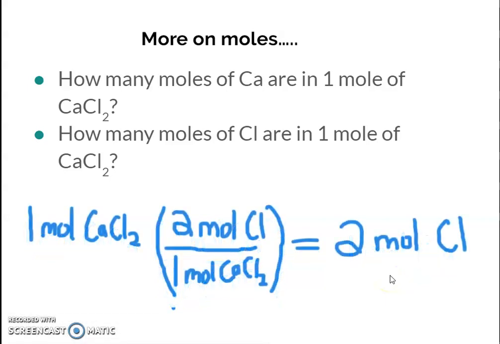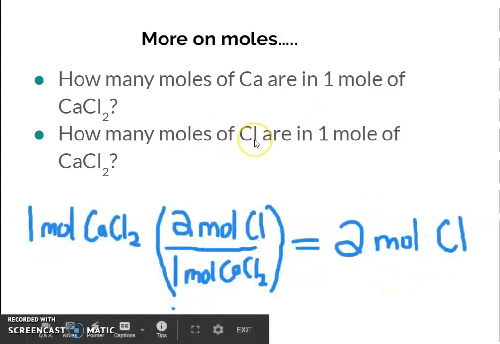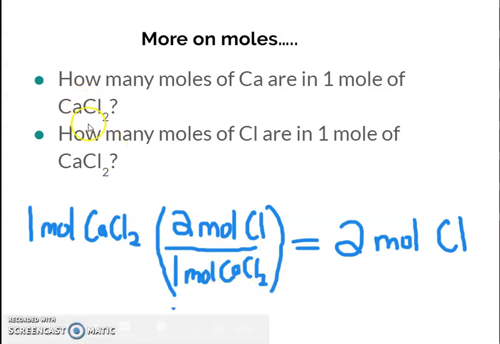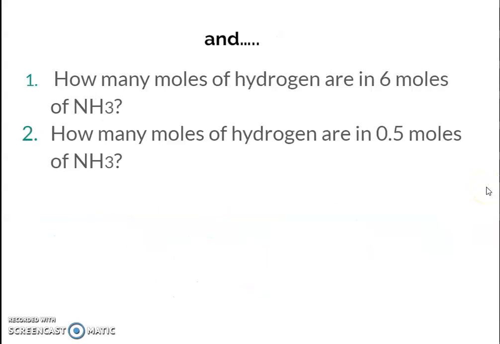All right, similarly, if we want to know how many moles of chloride, we can start with 1 mole of calcium chloride, and now for every mole of calcium chloride, there's 2 chlorines, so 2 moles of chloride. So there's going to be 2 moles of chloride in every 1 mole of calcium chloride. Does that make sense? All right, let's add on a little bit.